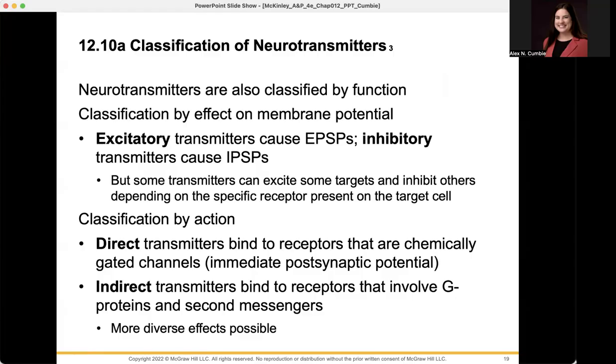Indirect means that when that neurotransmitter binds, it's not necessarily going to change the electrical potential of the cell itself. We might have a few other things that have to occur inside the cell before we actually create a change in that synaptic potential.